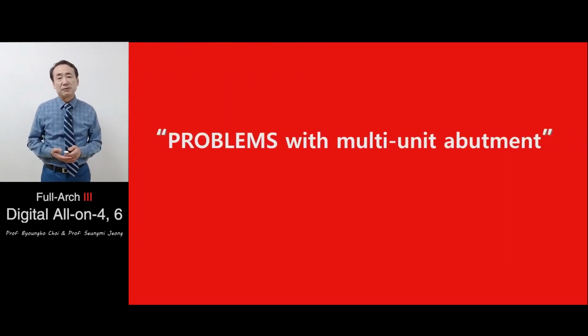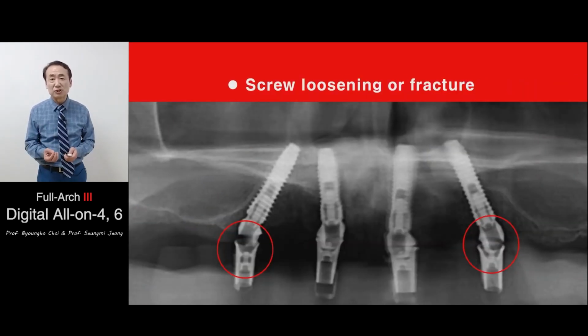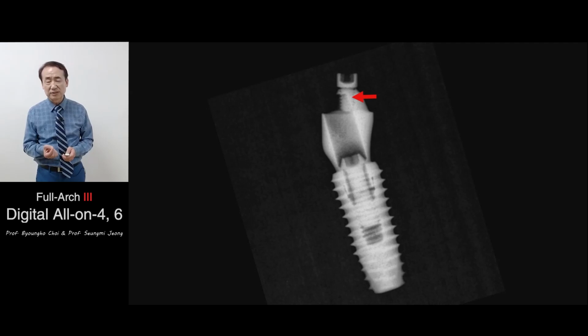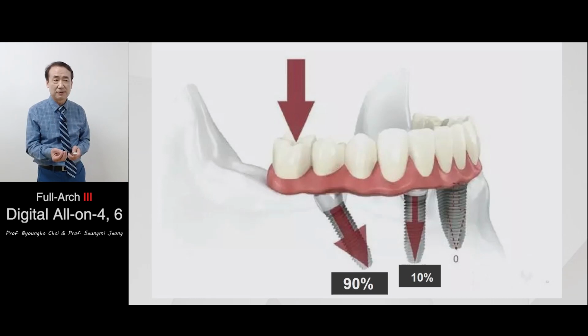There are some problems with the multi-unit abutment. The most common problem is screw loosening or screw fracture. This tiny screw can be loosened or can fracture. The main reason for the screw fracture or screw loosening is stress.